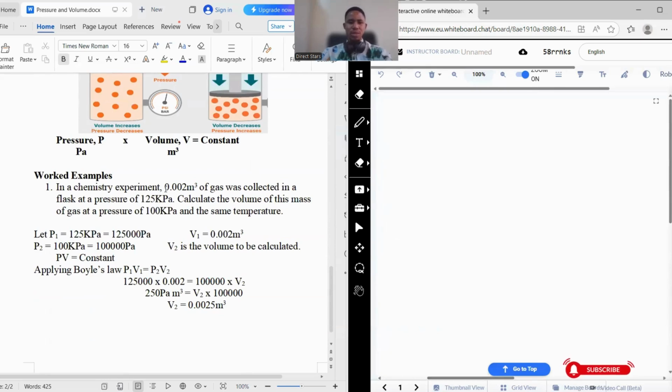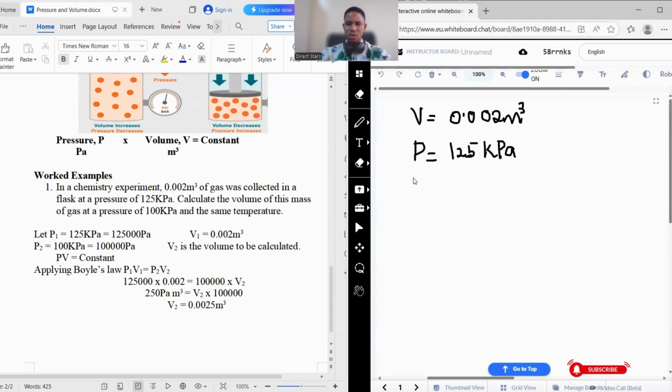In a chemistry experiment, 0.002 meter cube, that is the volume, of gas was collected in a flask at a pressure P equals 125 kilopascal.